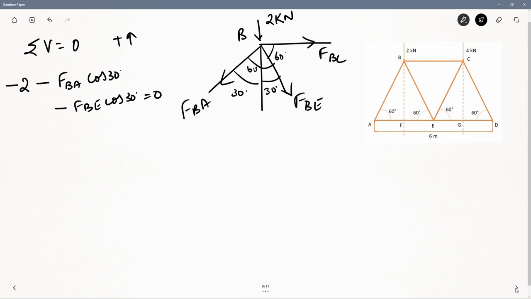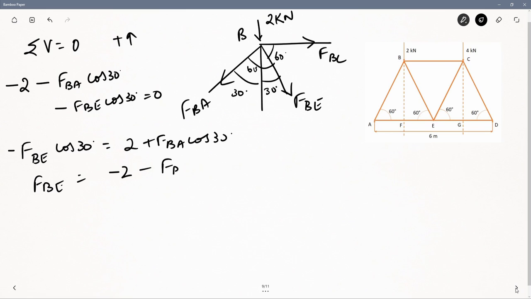I know my FBA value, so the unknown only would be FBE. FBE cos 30 degree equal to minus 2 minus FBA cos 30 degree. FBE would be equal to minus 2 minus FBA cos 30 degree divided by cos 30 degree.